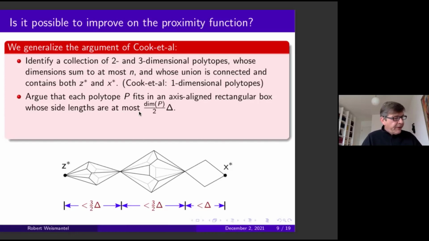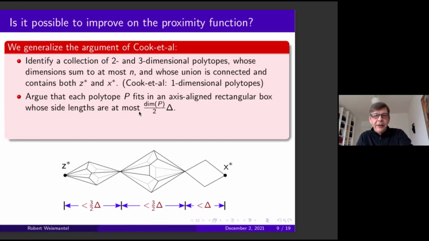The second step is that we need to argue that each polytope that we now extracted fits into an axis-aligned rectangular box whose side lengths are at most dimension of p divided by 2 times delta. And so here in this drawing that I got from Marcel, you see the path from z star to x star.